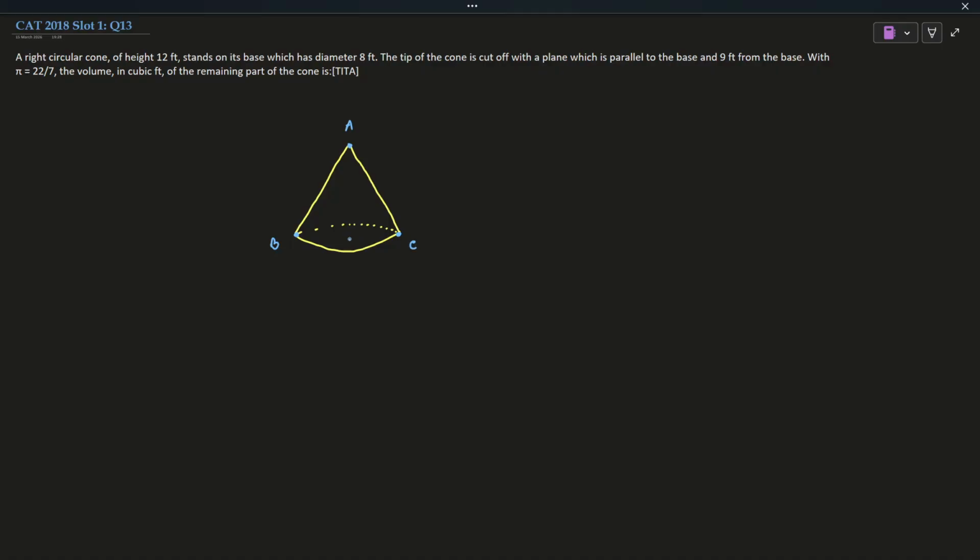Let's say this is the center and the base of the cone is circular. Think of a conical birthday cap. So the base is circular, and this is the center.